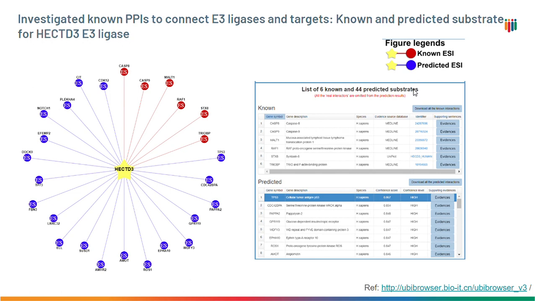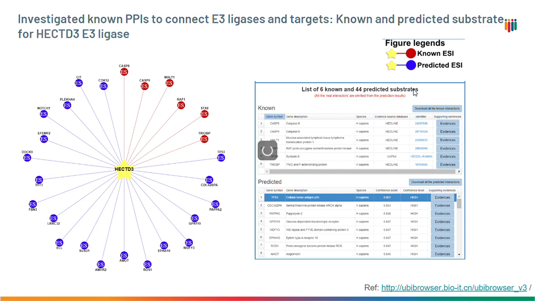So we try to find the known versus the number of predicted substrates for each E3 ligase that we have curated. Then we look for a list of E3 ligases having a small number of interactions with substrates.